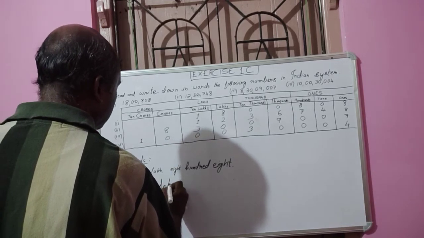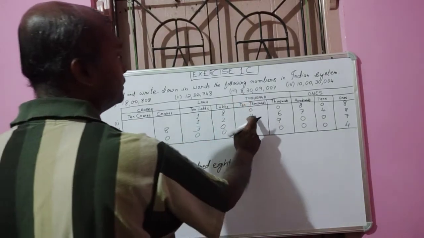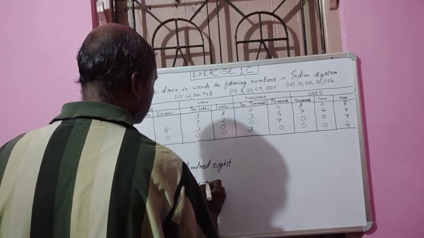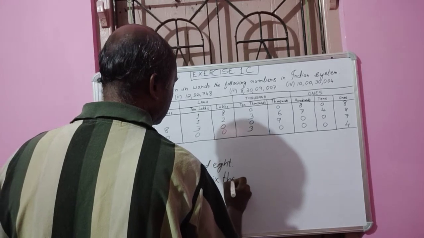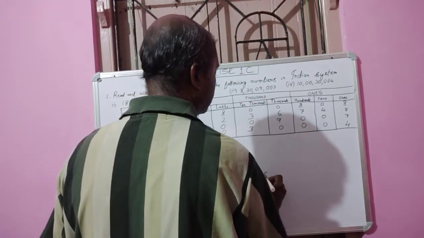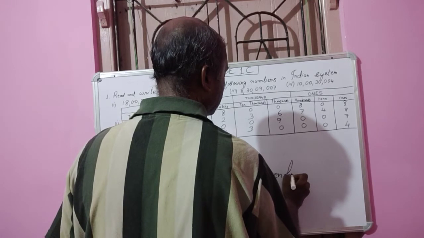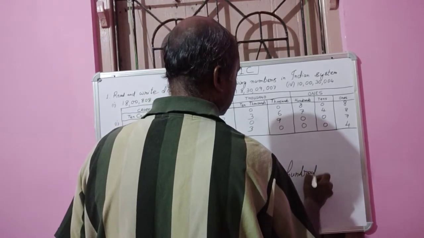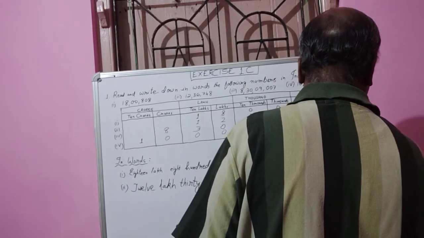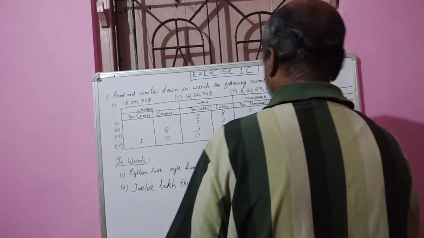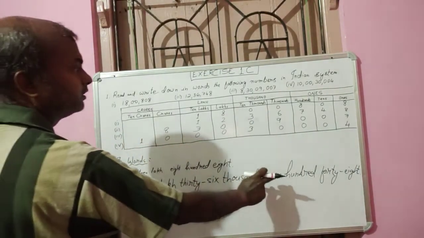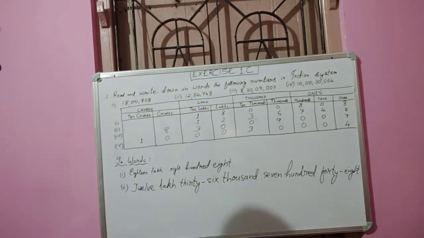Thousands group we have 36. So 36,000. And 748. So 12 lakh 36,748.